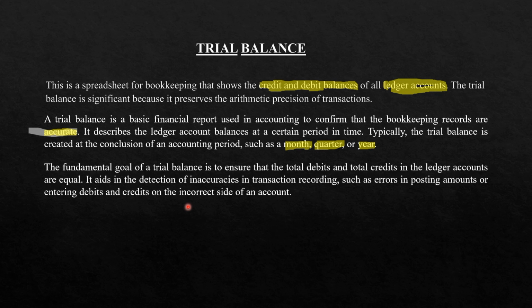The one that's supposed to be on the credit has to be on the credit side. The one that's supposed to be on the debit has to be on the debit side. After that, the trial balance will balance and everything will be smooth.